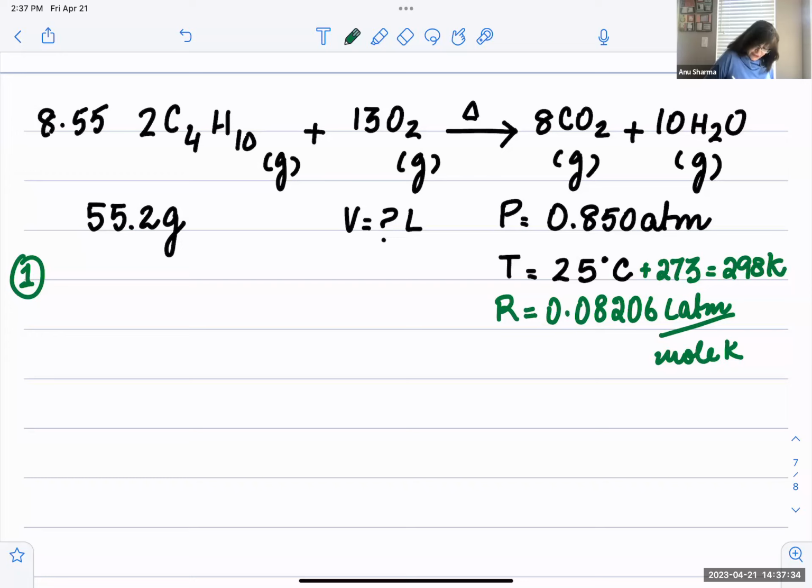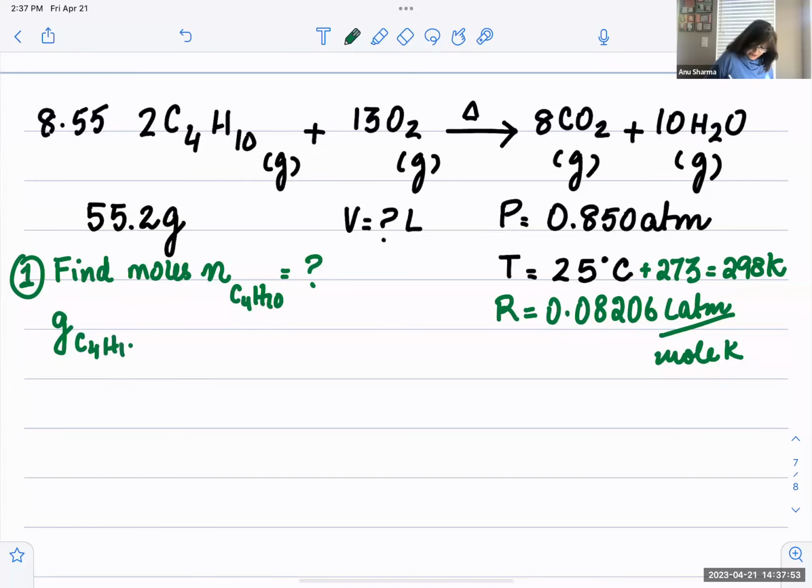So first thing is, find the moles, that is n of butane, C4H10. Okay, so find that. How would you do that? You're going to take the grams of C4H10 and convert that to moles of C4H10. So what do you need here? You need the molar mass of C4H10.